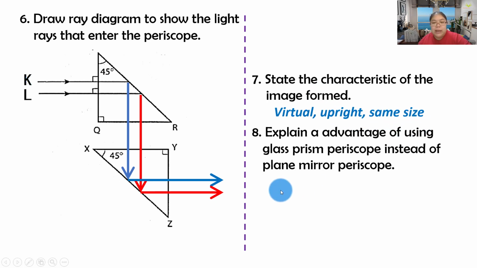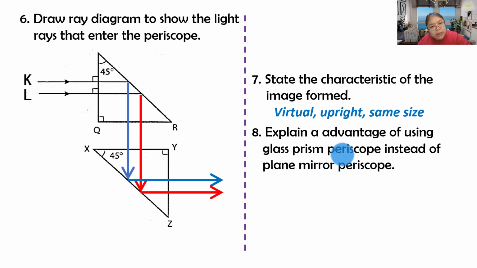Okay, now number 8, explain the advantages of using a glass prism instead of a mirror. Why is using the prism better than the mirror? Because a mirror just undergoes reflection, and the light may be lost to the surroundings. But for the periscope with a prism, it means total internal reflection, so all the light goes into the medium.